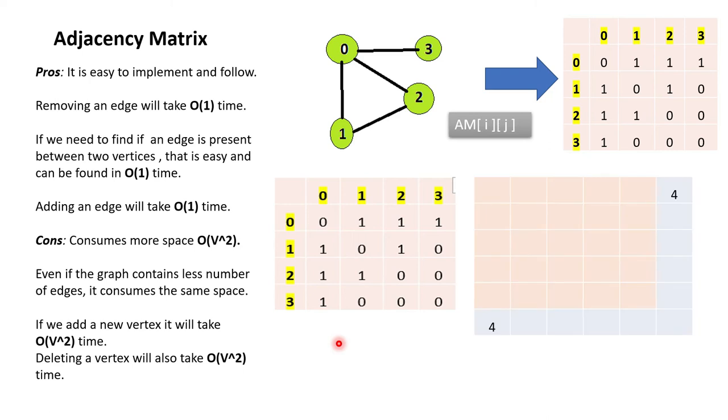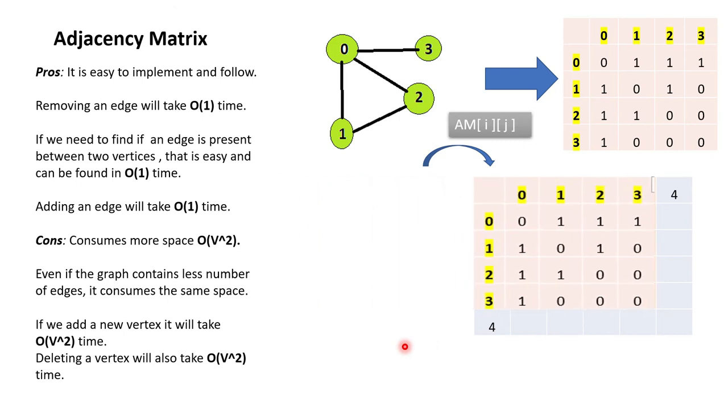So then I have to initialize another 2D array with one more space. For that purpose I need a larger 2D array. Now it will have more spaces. So now from 16 I need 25 spaces. And then I have to copy this whole structure here. That will take O(V square) of time.